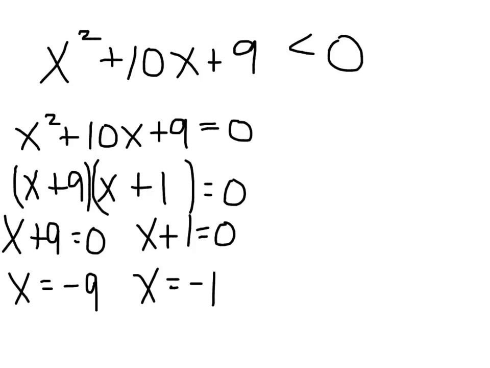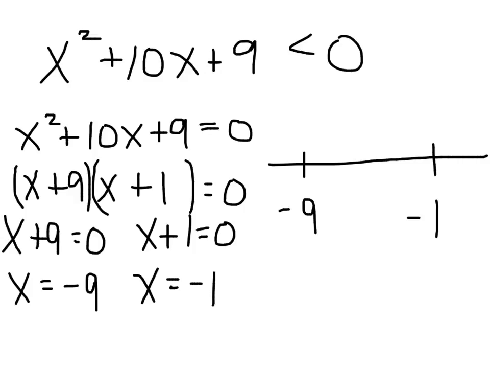Now, those are not my answers, but they are part of the answer. What that is now is those are the numbers that would belong on my number line. So which one's furthest to the left on the number line? Negative 9 or negative 1? Negative 9. So negative 9 is going on the number line, and negative 1 is going on the number line.